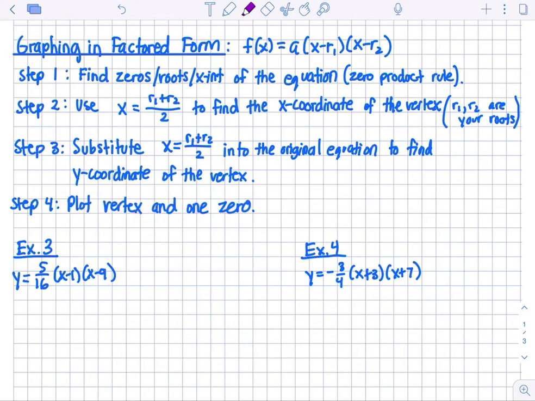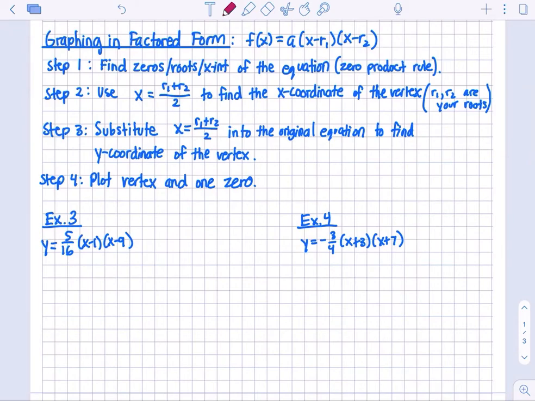Then you just plot your vertex and your zeros for your graph. So, for example, let's look at example 3 and just follow the steps, right? Step 1 says we gotta find our zeros. In order to find your zeros, you have to use the zero product rule. So we're going to set this equal to 0.